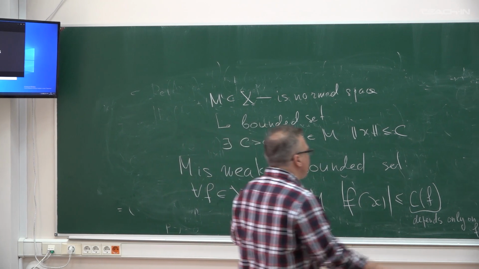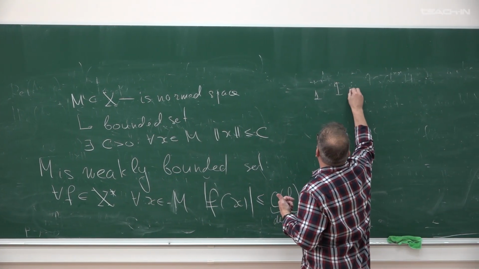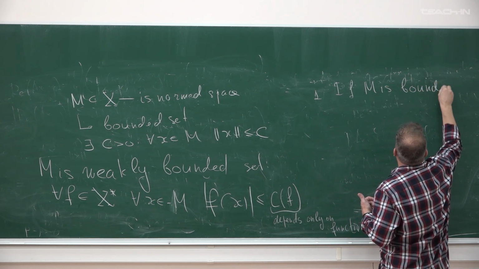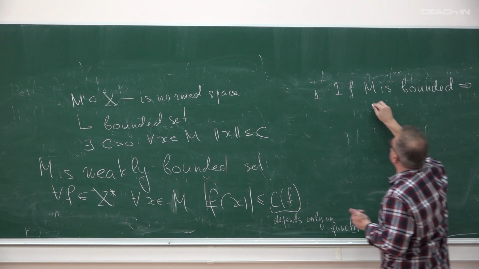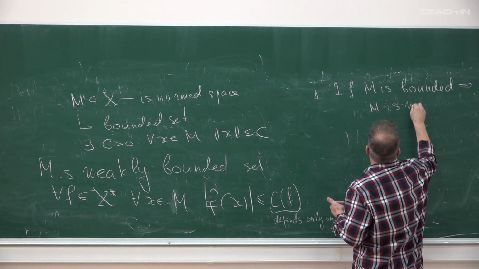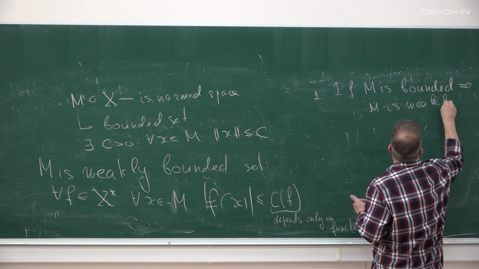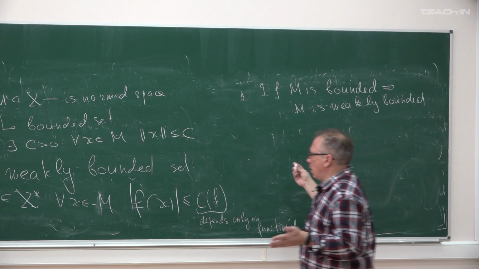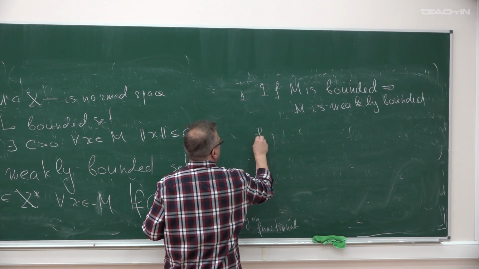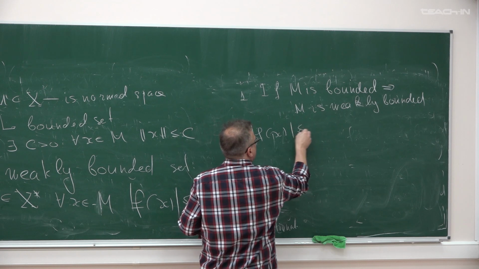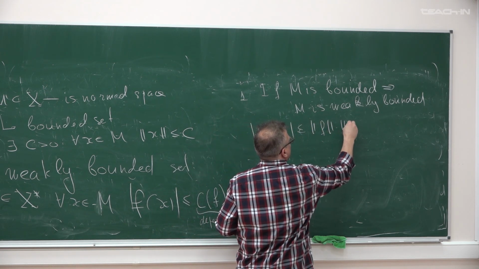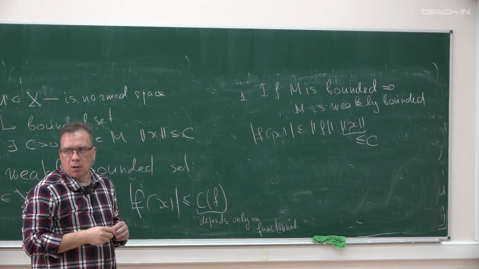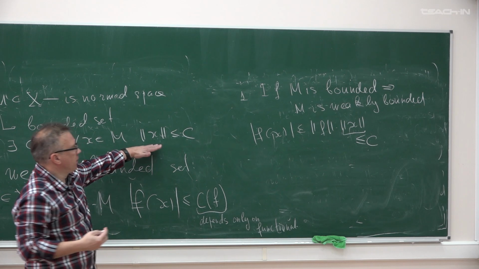It is easy to see, first, that if M is bounded, then M is weakly bounded. Why? Because the norm of x is less than c by definition.